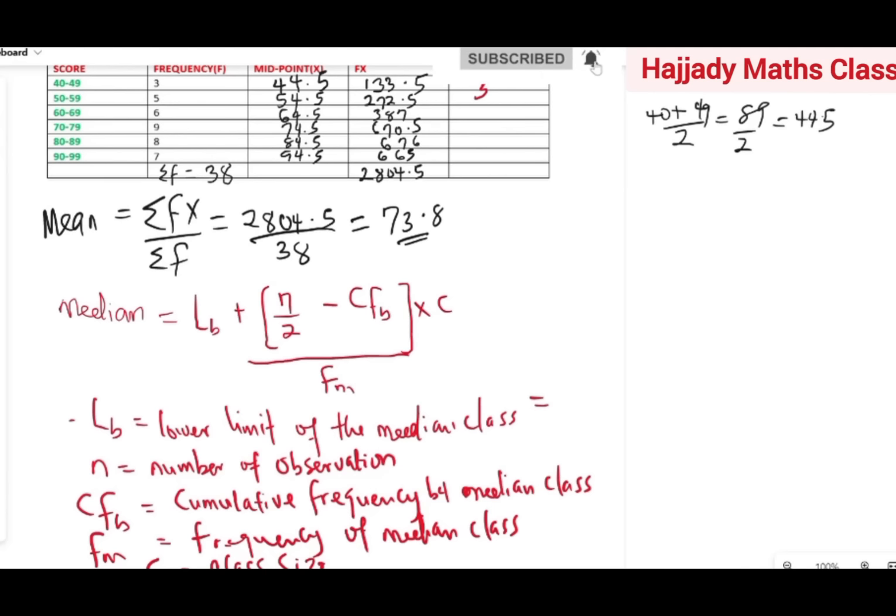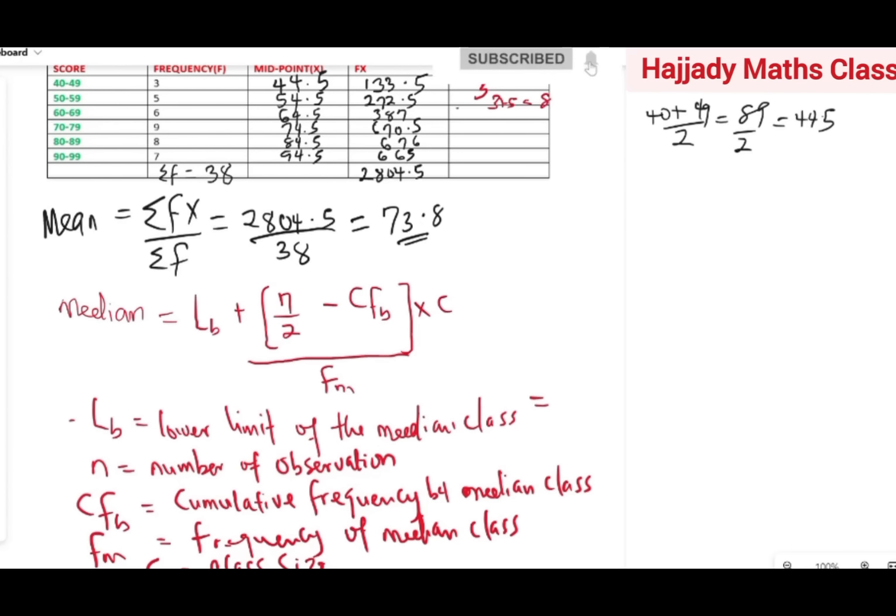And next we have 3 plus 5, right? We have 3 plus the next value, which is 5. So that's going to give us what? We have 3 plus 5, which is going to give us 8.